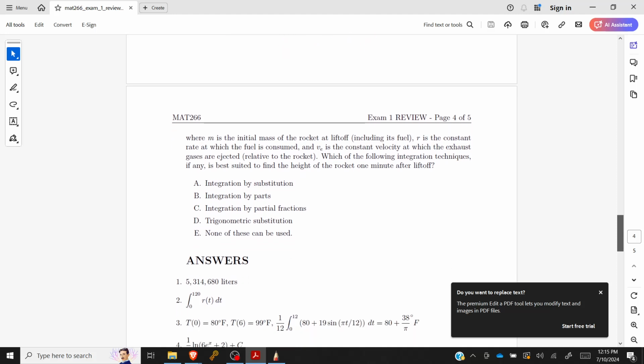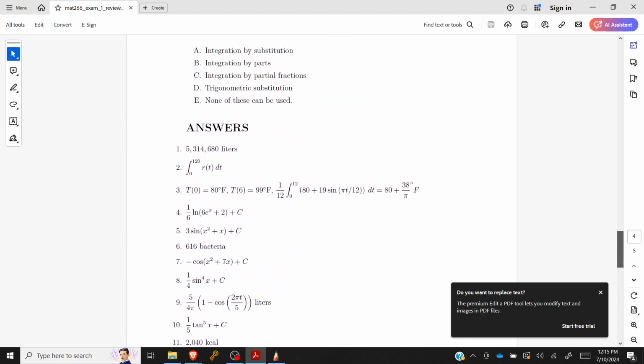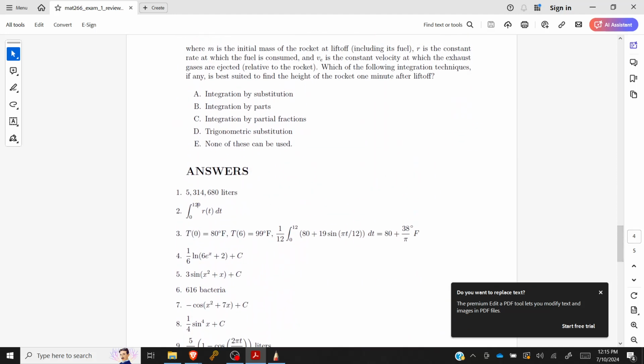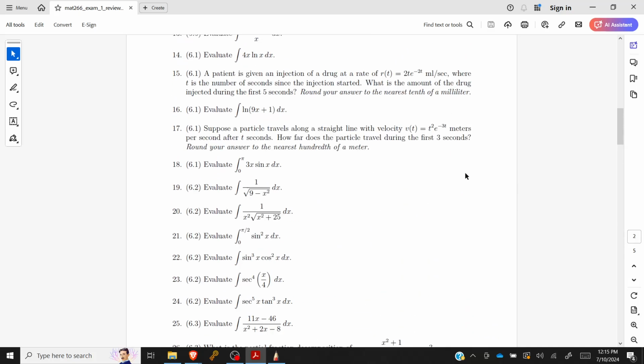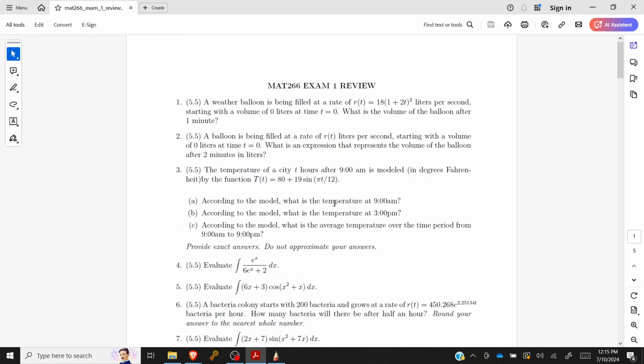There's some partial fraction decomposition ones where you don't actually have to find A, B, C, or whatever. They just want you to set it up. So this is another example of that, where they just want you to set up the integral, but not actually solve for it. So let's go on to the next one then.